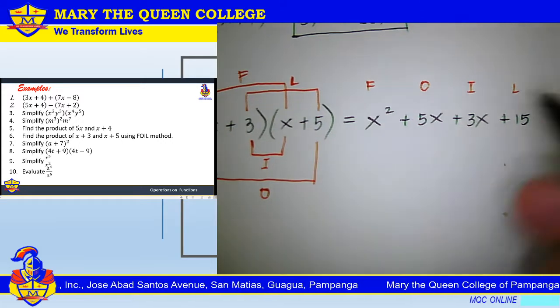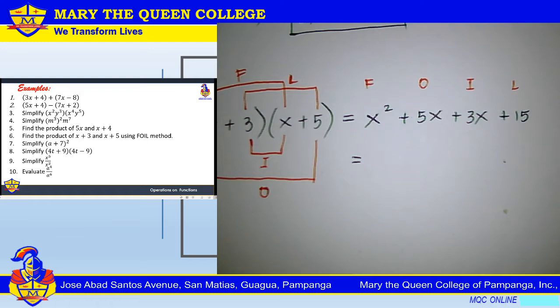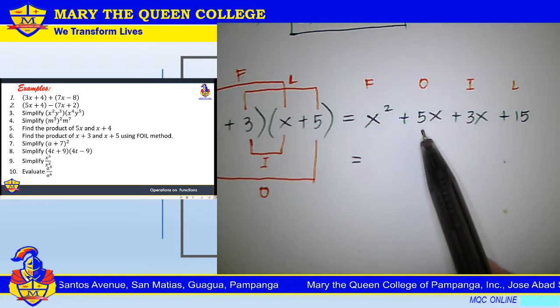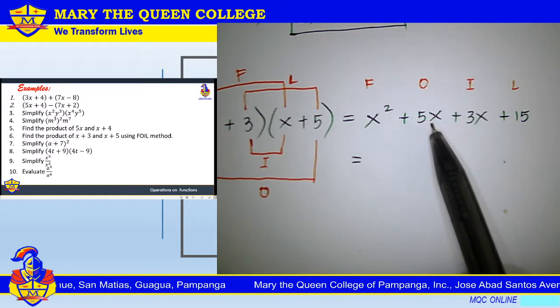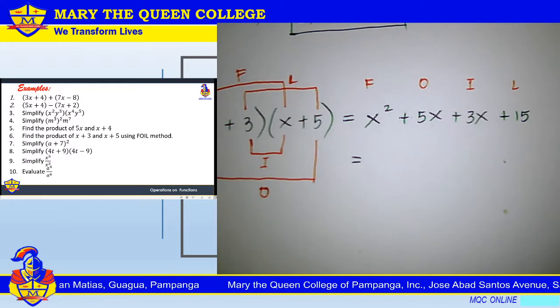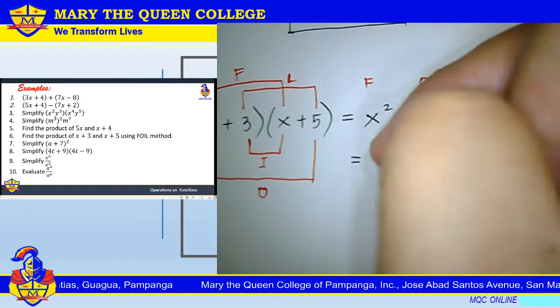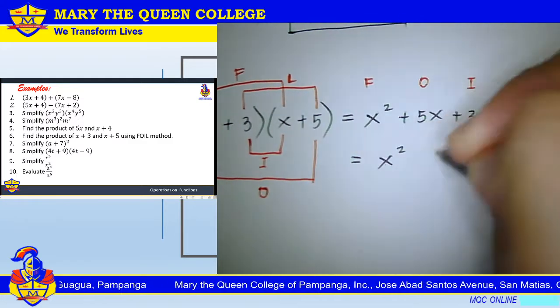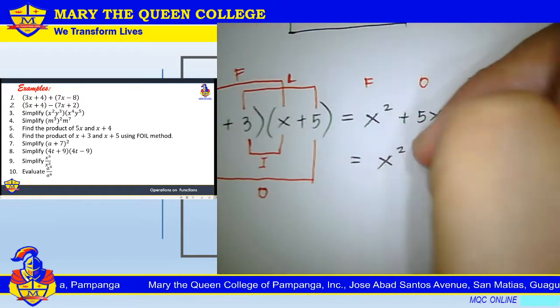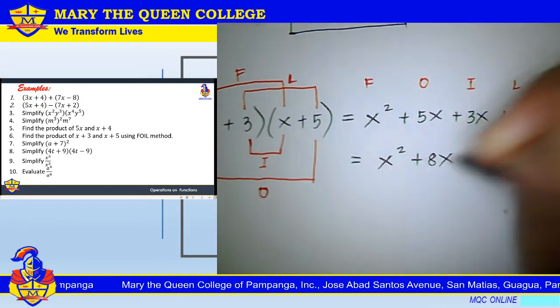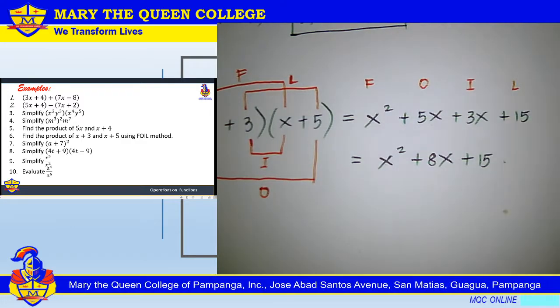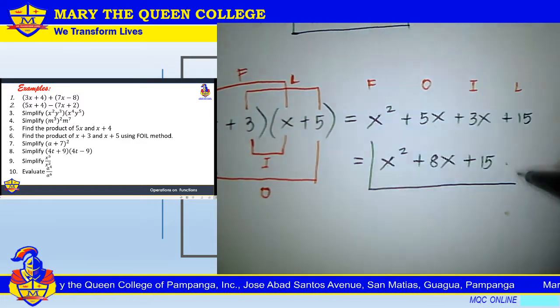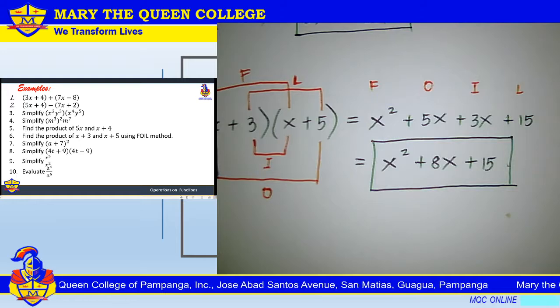And then you can simplify by combining like terms. We have like terms here, 5x plus 3x, because they have the same variable x and the same exponent. To simplify, we get x squared plus 8x plus 15. So this is now our product.